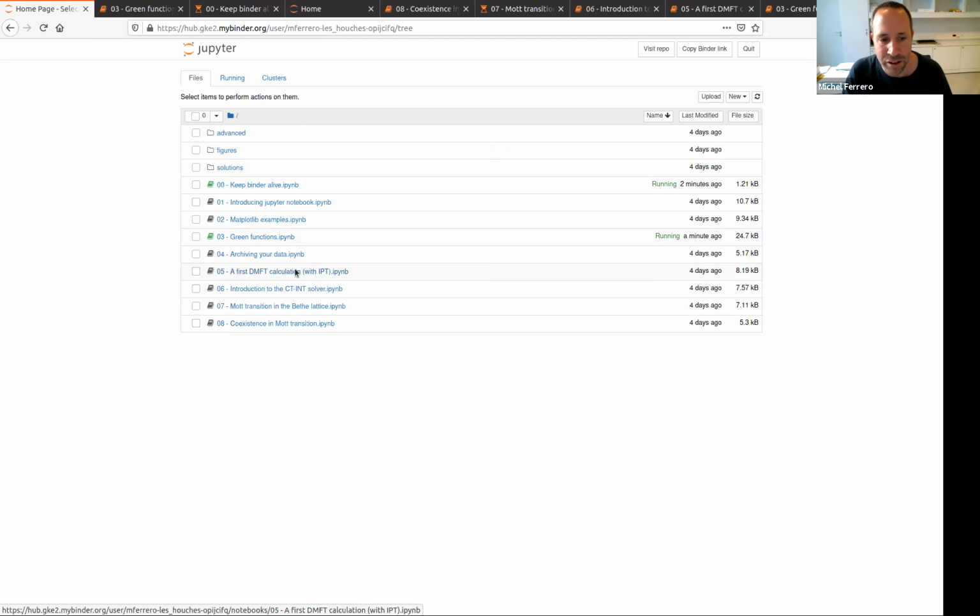At that level, we're not solving the impurity problem within DMFT exactly, but we use something called IPT, which is basically second order perturbation theory. It's not exact, but it's quite fast. And because it's essentially analytical, we can perform the analytical continuation that I was talking about, which is difficult, to go from the Matsubara frequencies to the real axis to see the spectral function.